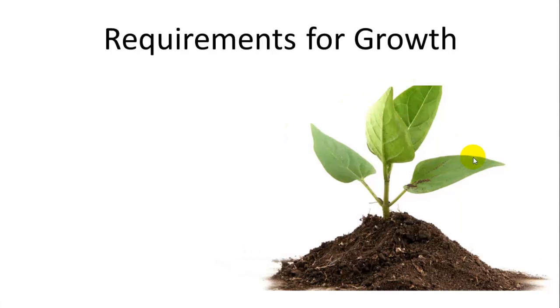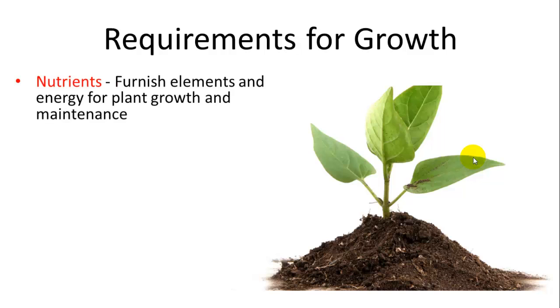All right, so each plant has different requirements for growth. And there are three basic things that affect how a plant grows. The first is nutrients, which furnish the elements, right? The carbon, phosphorus, nitrogen, these things which are essential for them, and the energy for plant growth and maintenance.